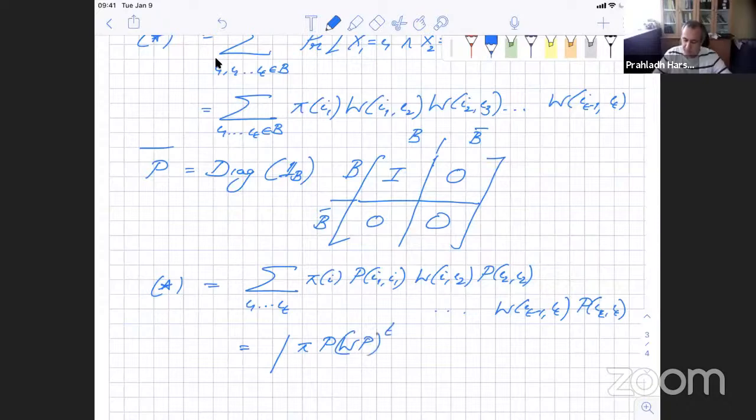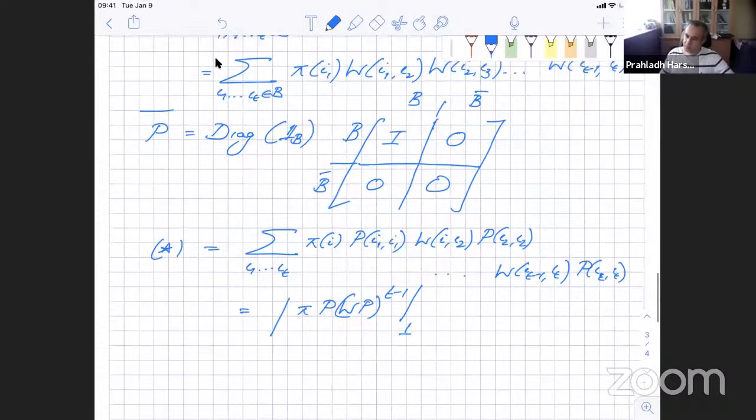Or equivalently, it will be nicer to write it in the pi inner product. This is nothing but the quantity (PW)^(t-1) applied to 1, with 1, in the pi inner product.